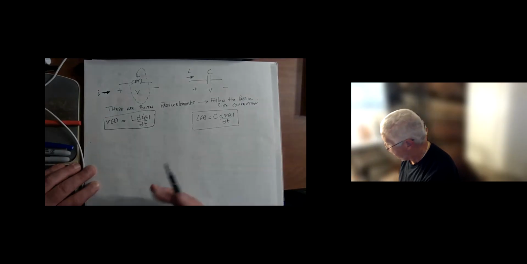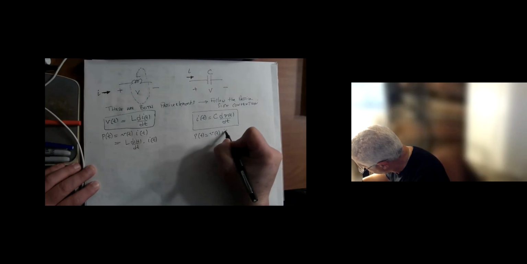Okay. And then we talked about power as a function of time, which is v(t) times i(t). And if we do that, essentially, what do we have here? We have L di(t)/dt times i(t). Okay. And for the capacitor, power again is v(t) times i(t).